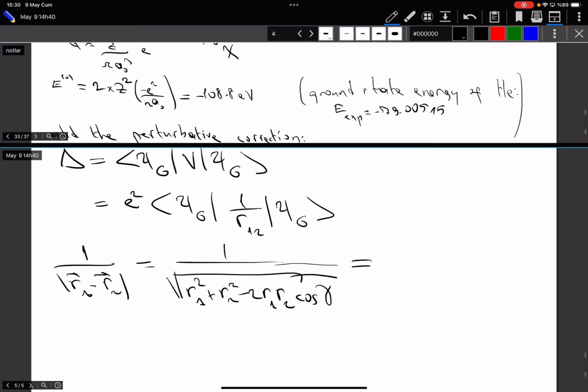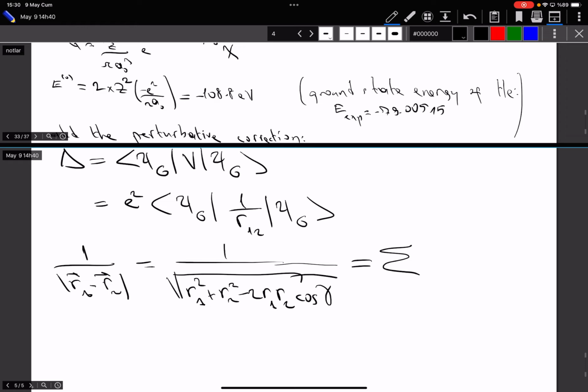So I'm assuming you have all taken the electromagnetism course. If you don't remember the multipole expansion, this is the electrostatic potential of the point charge. So you study this in detail in electromagnetism, especially in doing the multipole expansion.